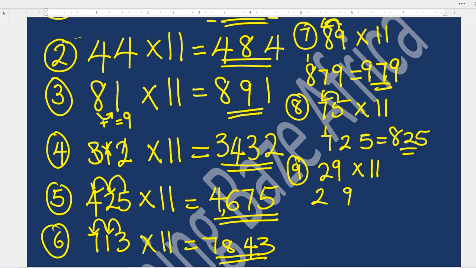Then add the two digits together. 9 plus 2, that will be 11. Write 1, carry 1 over to the next digit. So 1 plus 2, that's 3, then 1, then 9. So the answer is 319. 29 times 11 is equal to 319. Let's move on to the next one.